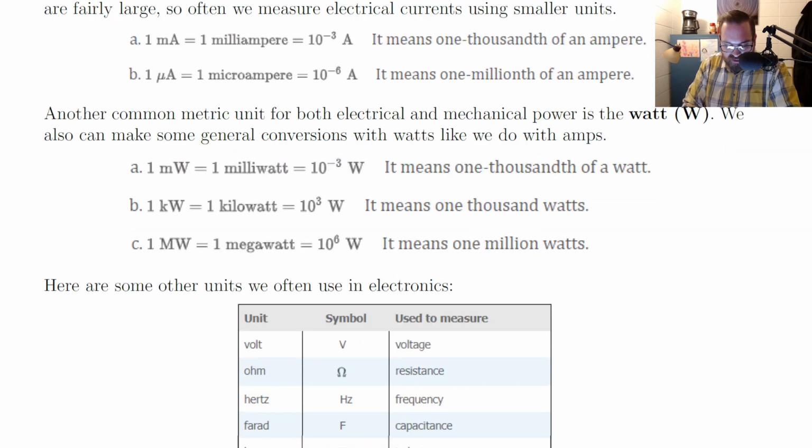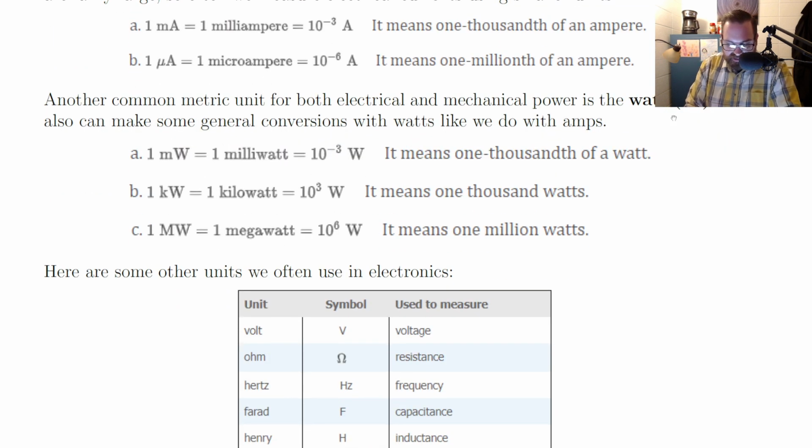Okay, another common unit is watts. So if you think about the wattage of a light bulb, right? Nowadays, most light bulbs that we deal with are pretty much LEDs, and so generally they're measured in terms of lumens, which is a light output, but they have an associated wattage for people who are used to using incandescent light bulbs.